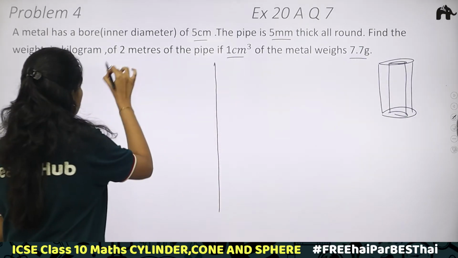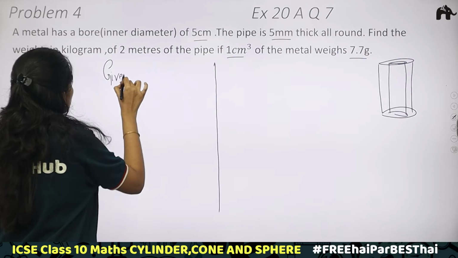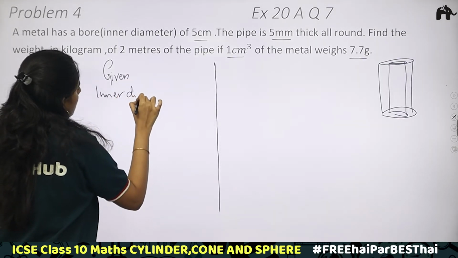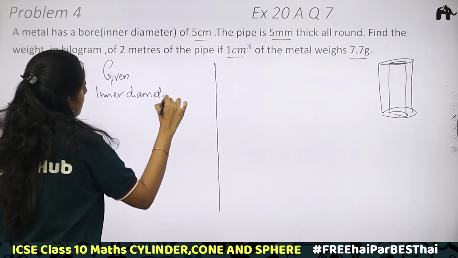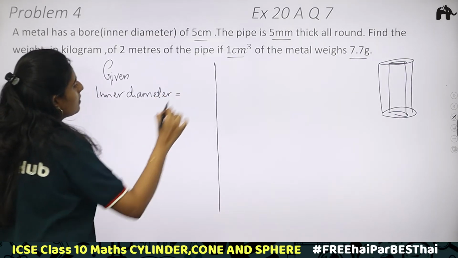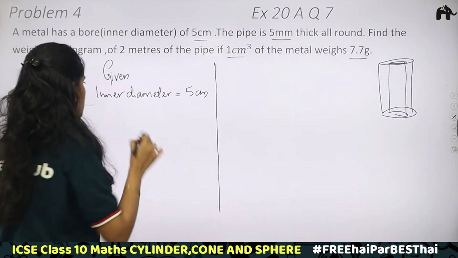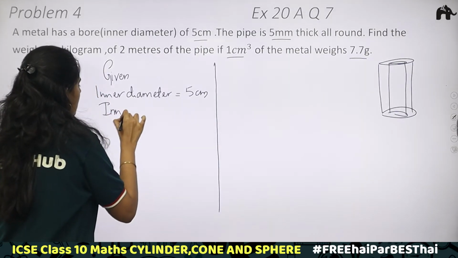What are the given quantities? Given inner diameter. Inner diameter is equal to 5 centimeter. If inner diameter is 5 centimeter, what is the inner radius?